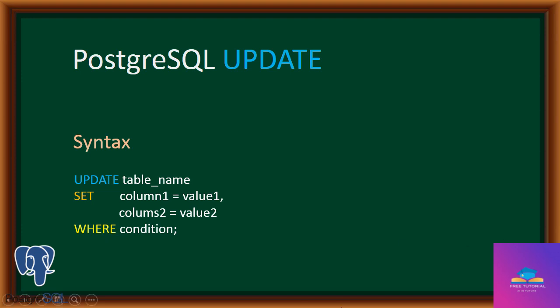The where acts as a filter to prevent you from updating any other records in the table. So the condition you specify in the where clause is important because that ensures that only the rows that match the condition in the where clause will be updated. So let's see how this works.